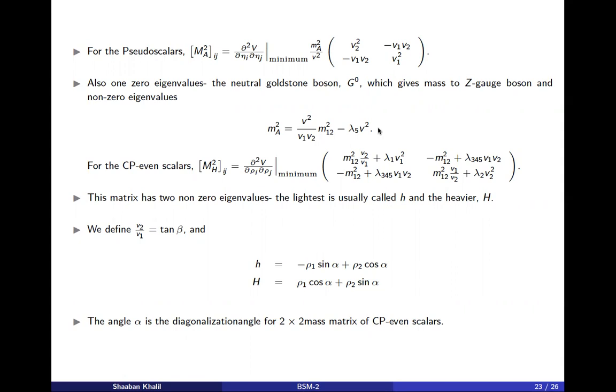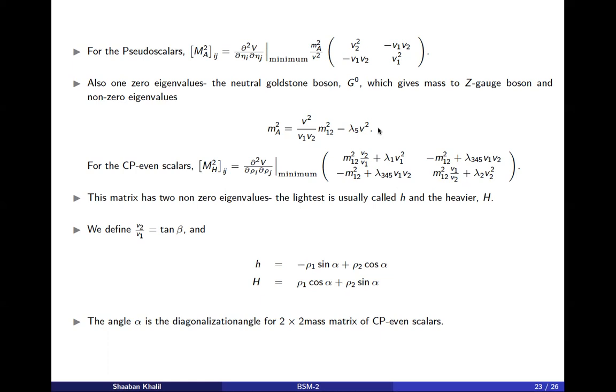So these eigenvalues can be non-zero, and can be simplified if you combine, as I told you, tan β = v2 over v1. I will write to you now the expression for the masses, but from the eigenvalues and eigenstates, you can see that the light h is given in terms of ρ1 times sine α plus ρ2 times cosine α. And H, this is like what we were talking about in the right-handed neutrino and left-handed neutrino.